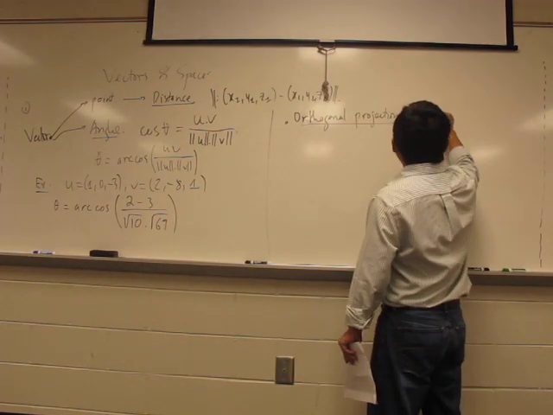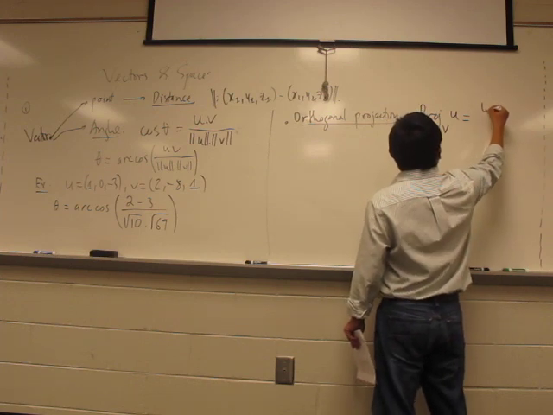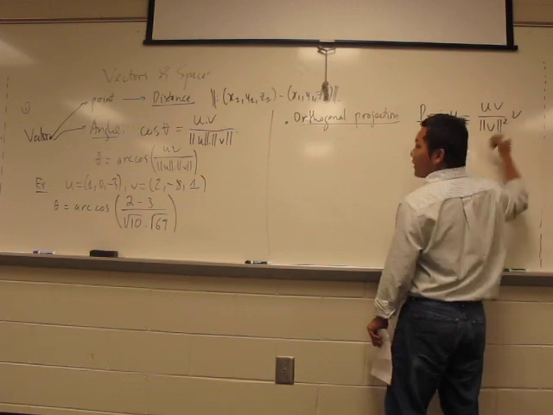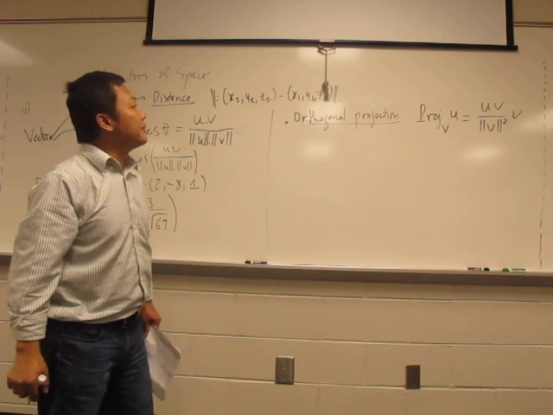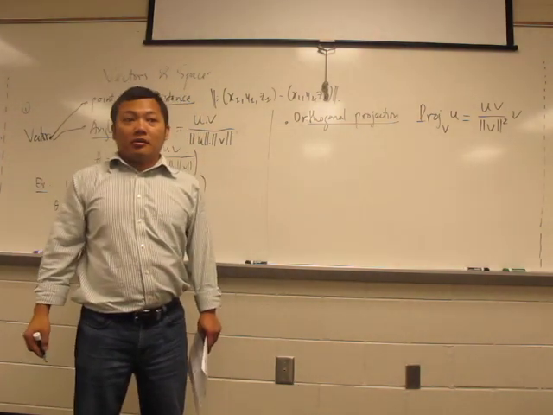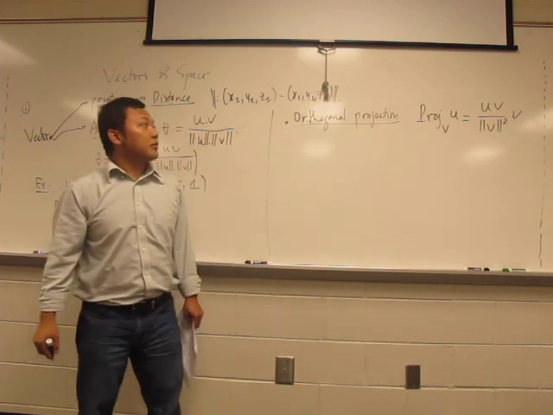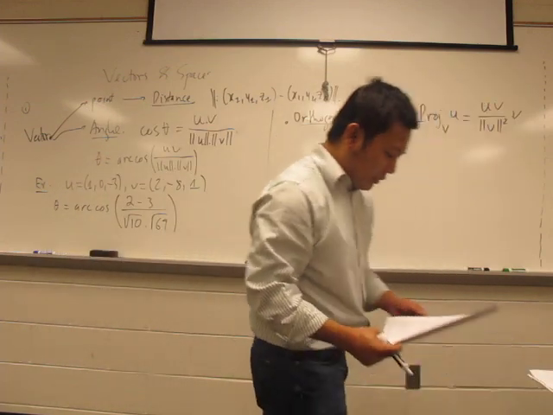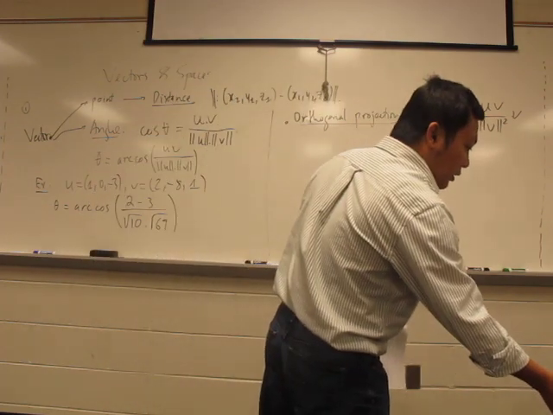So the formula is the projection of u onto v is equal to u dot v over the norm of v squared, and then times v, right? Because that is the orthogonal projection on the vector v. Orthogonal projections are very important, right? We have seen that. And they help us find distance. And in this practice exam, we have at least 2-3 problems on that, on orthogonal projection.